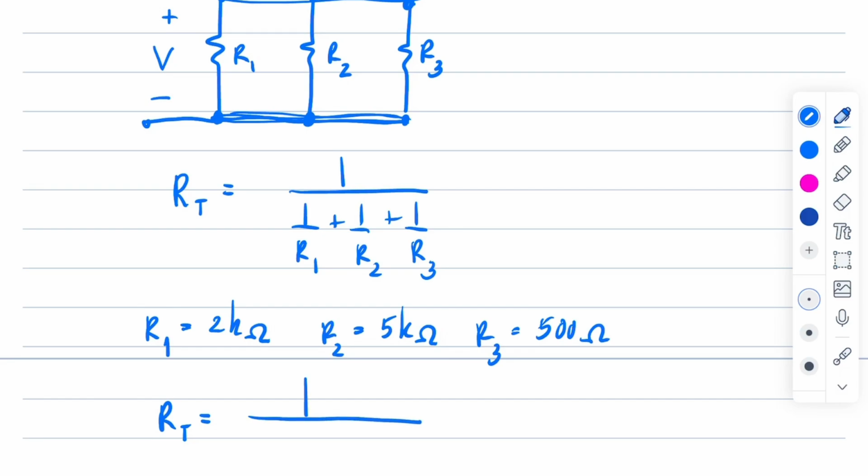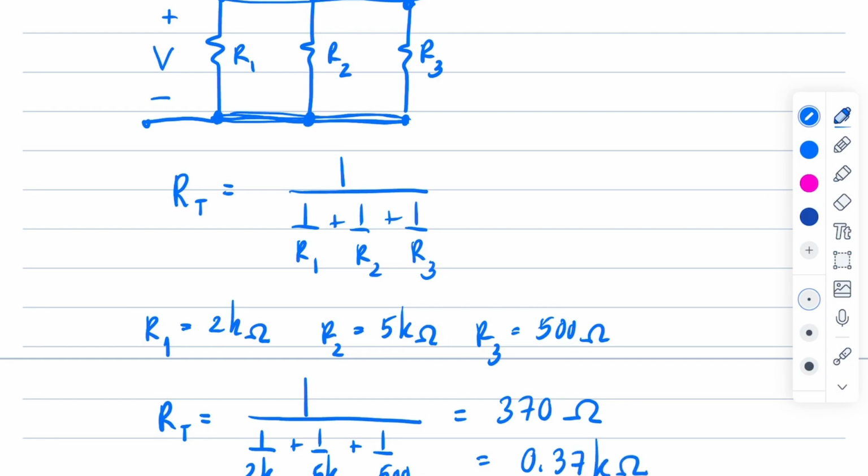So R total is 1 over 2K plus 1 over 5K plus 1 over 500. When you press it into your calculator, the answer is 370 ohms, or 0.37K ohms.